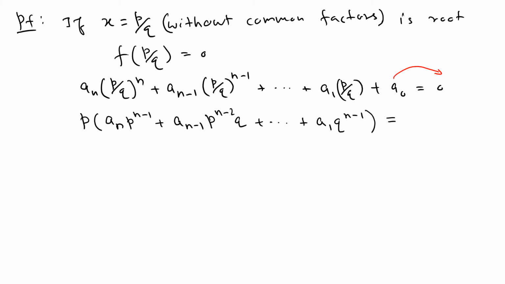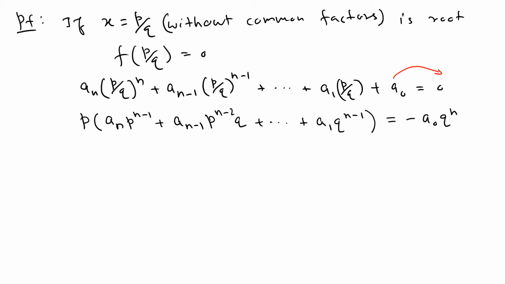On the other side, you have minus a naught q^n, because you moved that to the other side. Now the interesting part: on the left side, these are all integers, so you can see that the left side is divisible by p. Since those two numbers are equal, the right side also should be divisible by p.